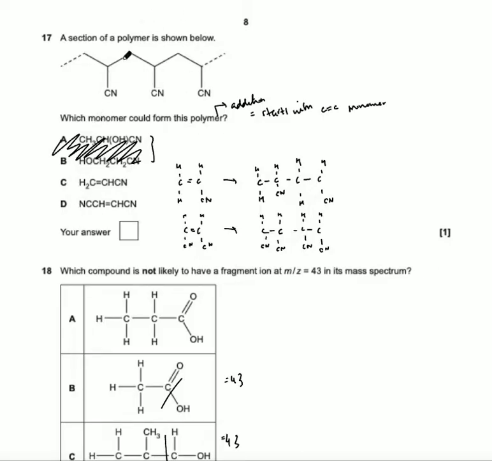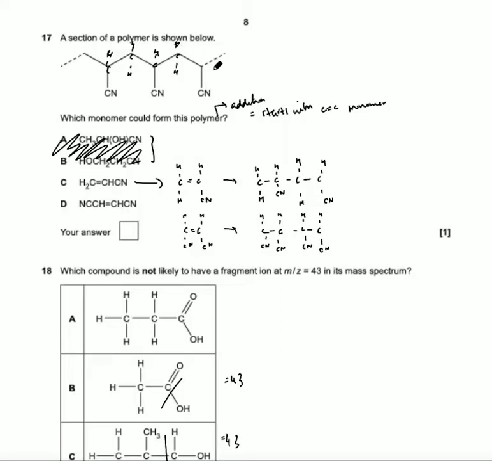The easiest thing we can do is actually draw these monomers. If we draw C, this is what we'd have, and now if we join them together, this is what we'd have. That's a hydrogen, and that's a carbon, and hydrogen, and hydrogen, that's carbon and hydrogen here, and carbon and hydrogen here.